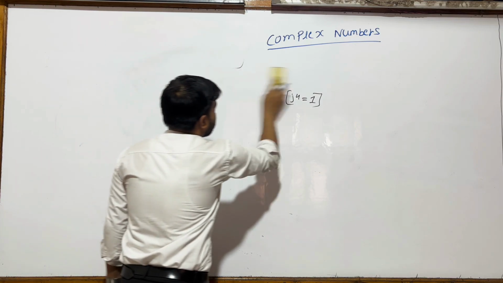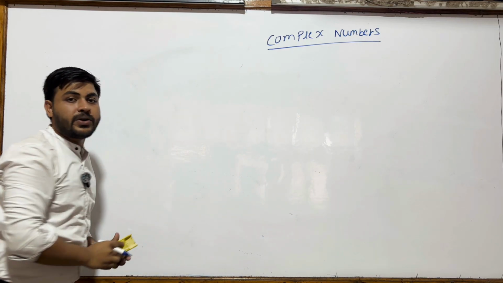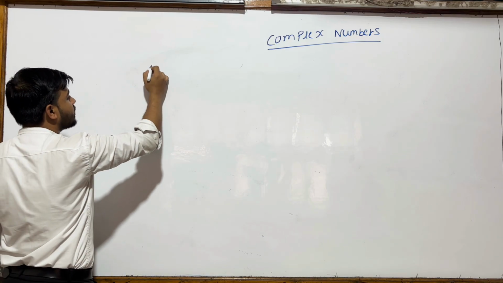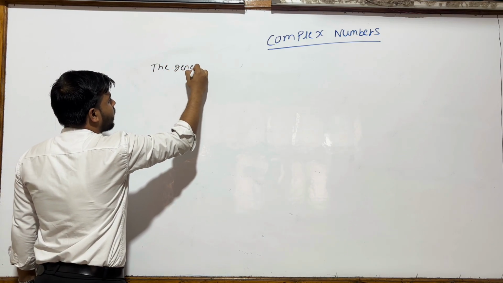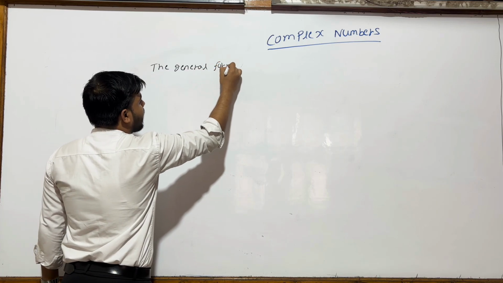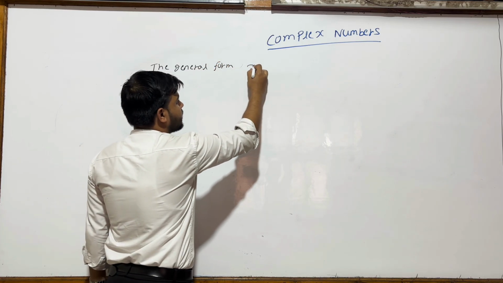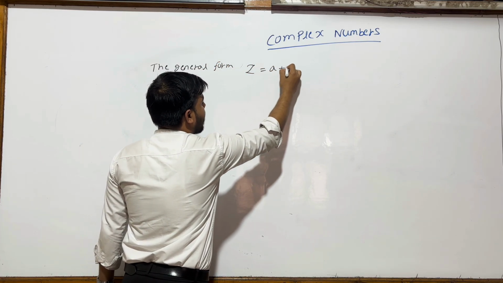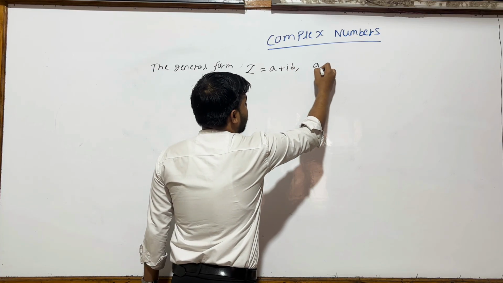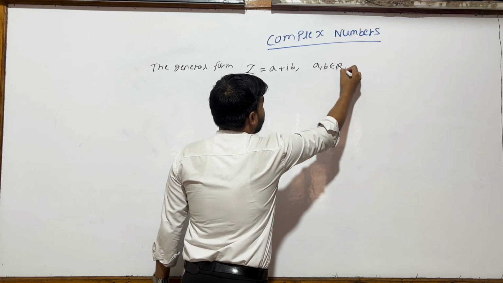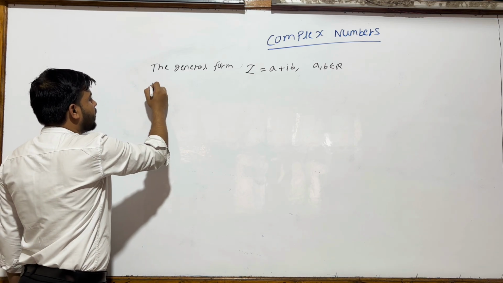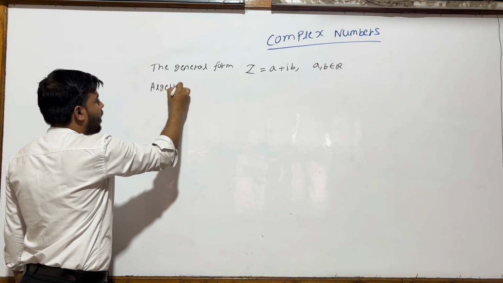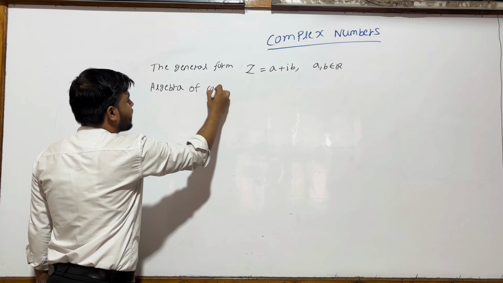So let's revise all the things that we learned today. First, the general form. What is the general form of a complex number? z is equal to a plus ib, where a and b belong to real numbers. Next, algebra of complex numbers.